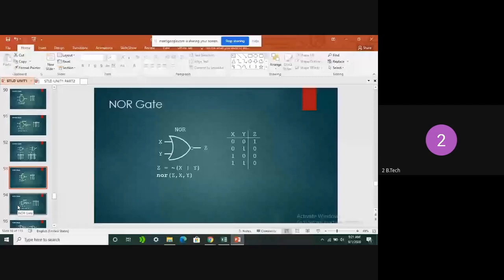Is that clear, all of you? Yes, sir. So this is the symbol of the NOR gate, and the working and truth table of the NOR gate is given.